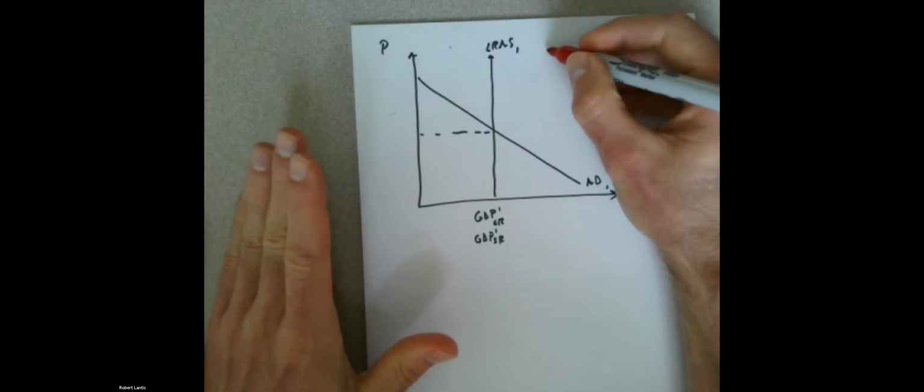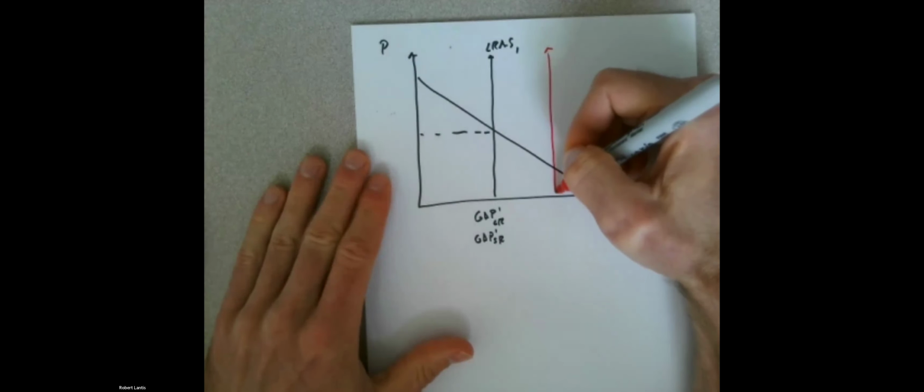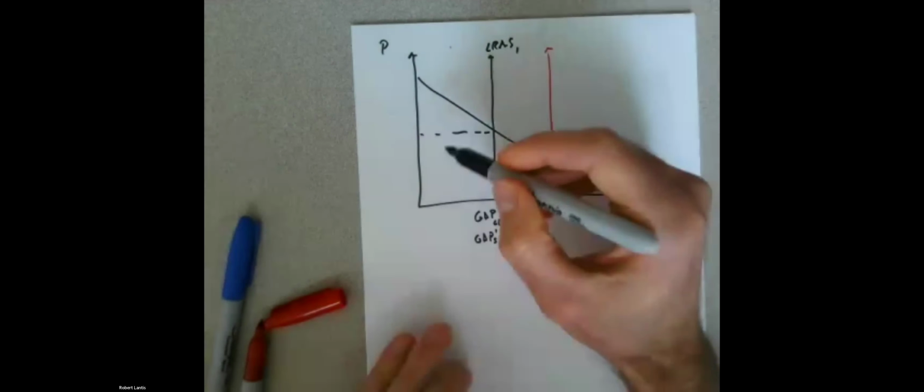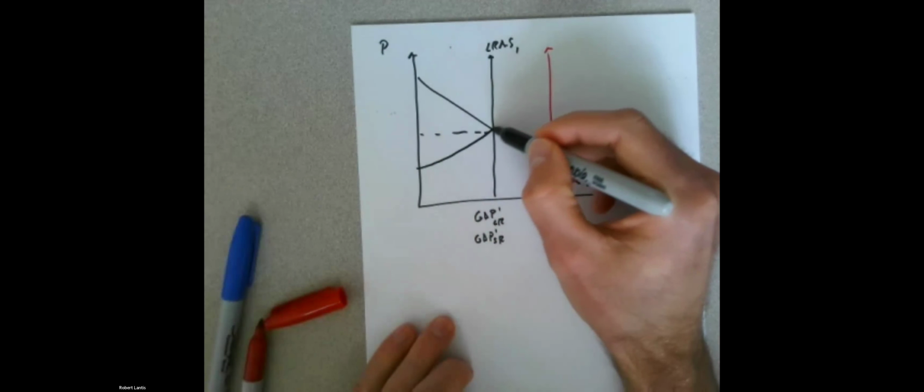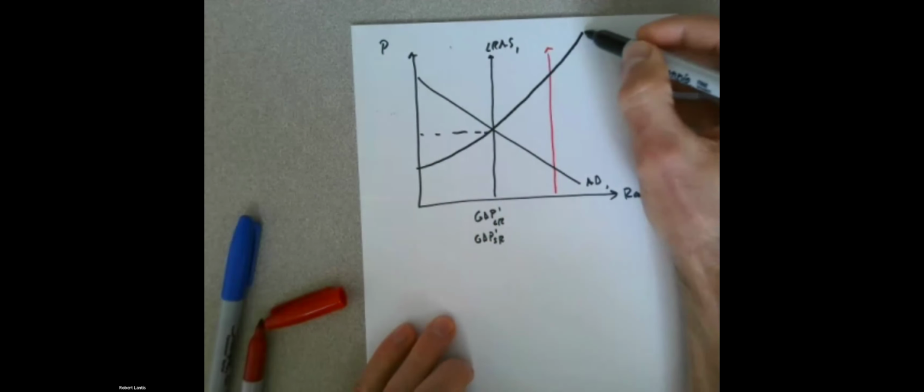So what's going to occur if we have an increase in one of these factors of pull? So for right now, we'll just assume that whatever our short run aggregate supply was before, it hasn't changed. Okay.